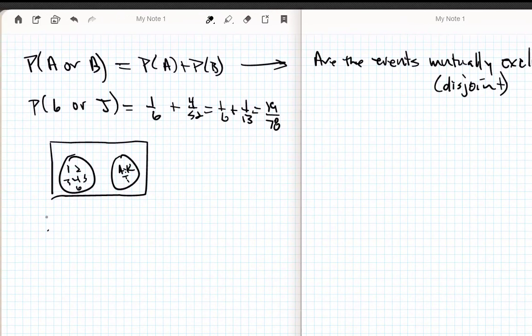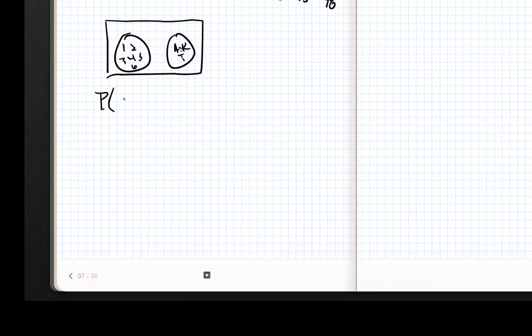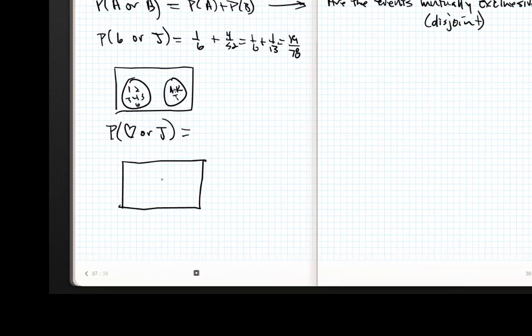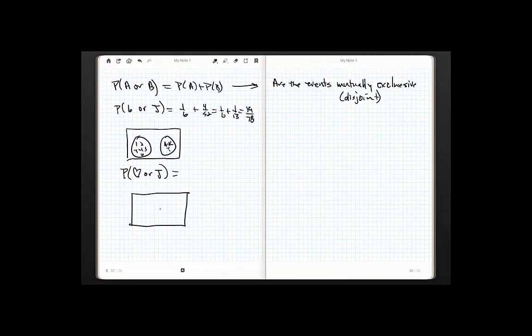Now, let's go back and do cards this time. Let's do the probability of a heart or a jack. Before we do this, let's build it. We have a deck of cards, and I'm finding the probability that I draw a card, and that card is either a heart or a jack. Well, you've got the set that represents all the hearts in the deck, and then the set that represents all of the jacks.